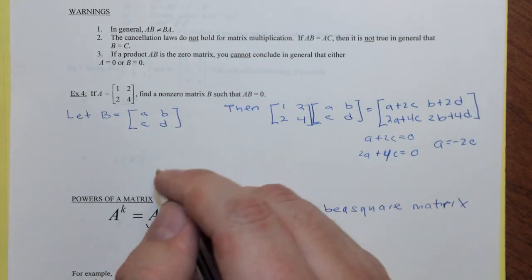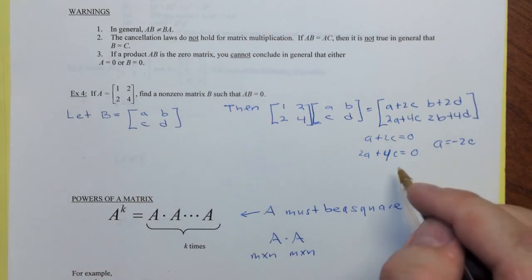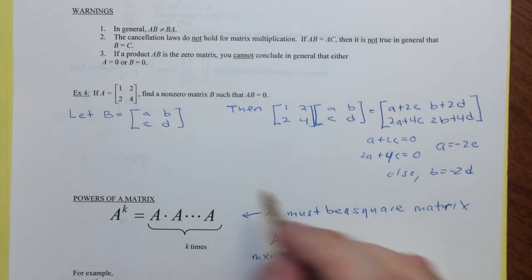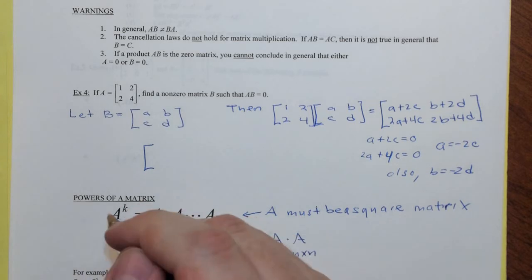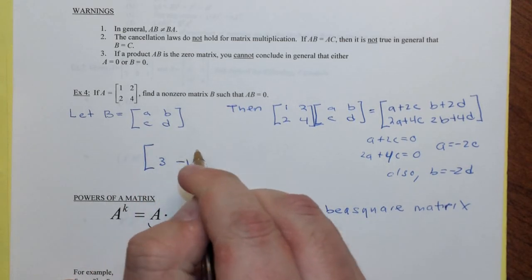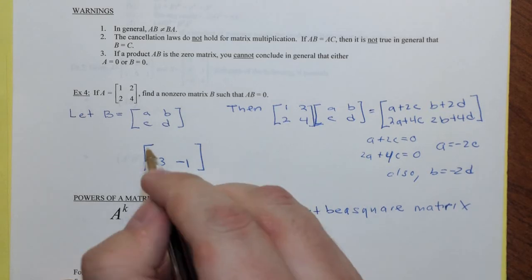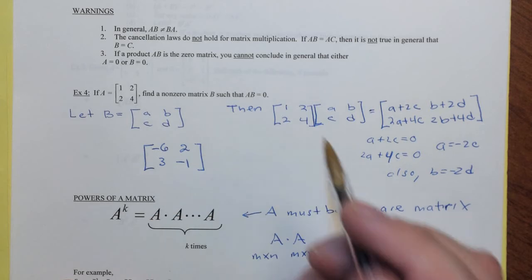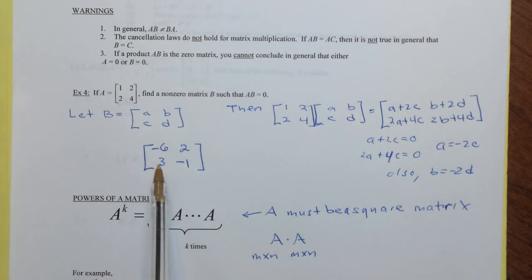So one such matrix where that is the case: I can pick c and d to be whatever, 3 and negative 1. a has to be negative 2 times c. b has to be negative 2 times d. This would be one matrix, one of an infinite number of matrices that, when multiplied on the right by A, give me 0.